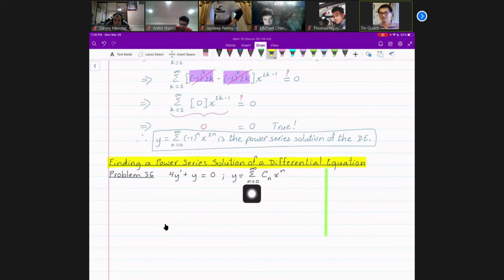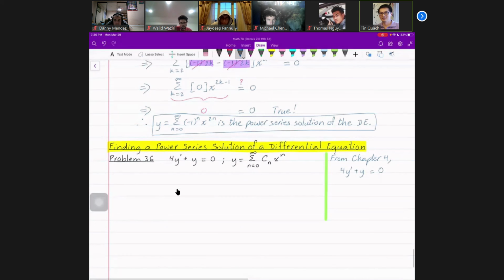All right. Now let's do something that we did in chapter 4. So you know what the solution looks like from chapter 4, because that's easy, right? 4y prime plus y equals 0. In chapter 2, you solve this one by separating the variables, right? But in chapter 4, you rewrite it as an auxiliary equation.